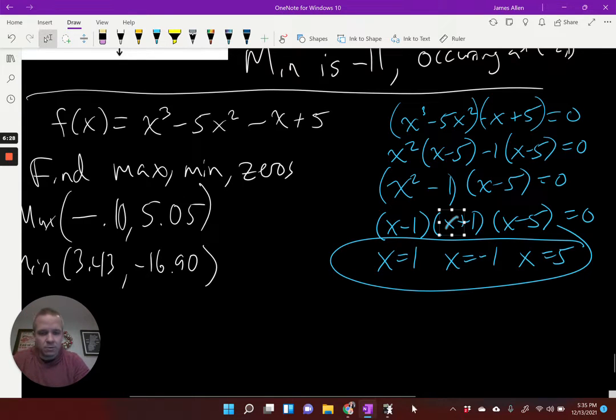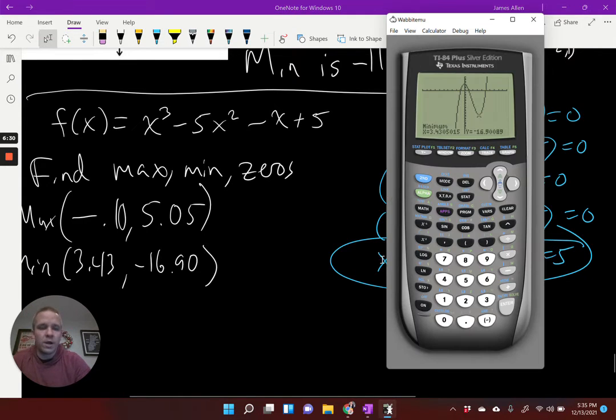Let's pop up that calculator one more time, and let's just do one of the zeros, so second calc, and this time I'm going to choose the second option, so 0. Enter. And now I'll just go with this one over here, which we believe to be 5, right? So I hit enter for my left bound. Now I got to go to the right of it, which is above it.